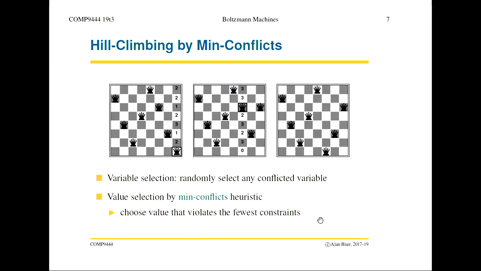We randomly pick the queen on the 8th column, and the numbers there are how many constraints are violated if the queen were moved to each of those squares. We try to find the minimum value, and if there are 2 possibilities, we pick one at random. So we've moved the queen up to the 3rd row because it was only violating 1 constraint.